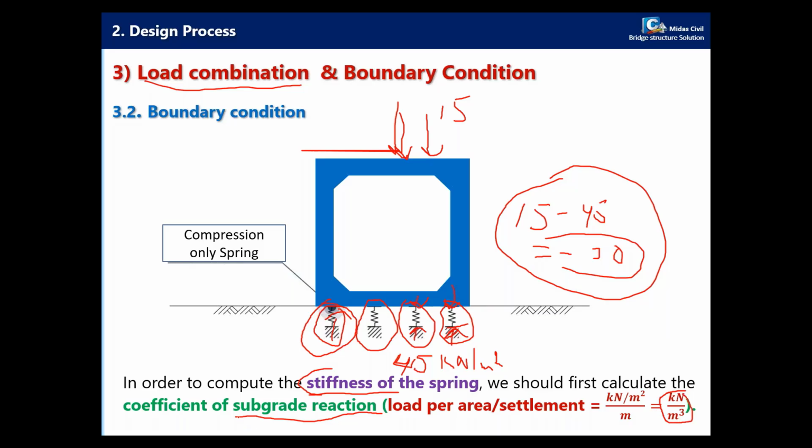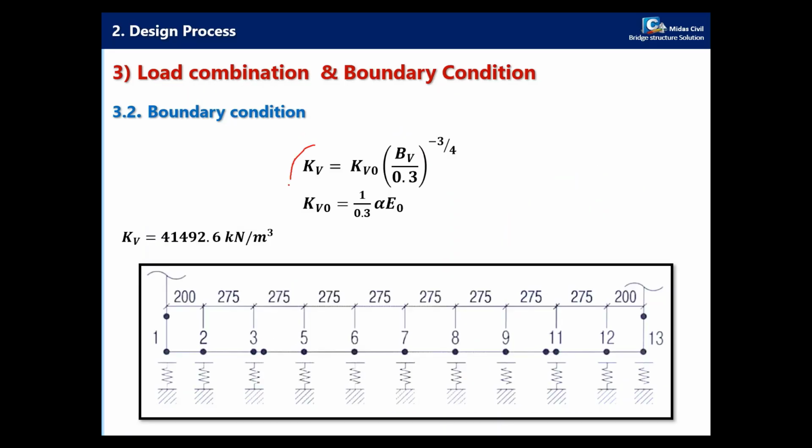After getting this value, you can multiply it by the area to get the stiffness of this spring. This is the formula used after getting this value by experiment.